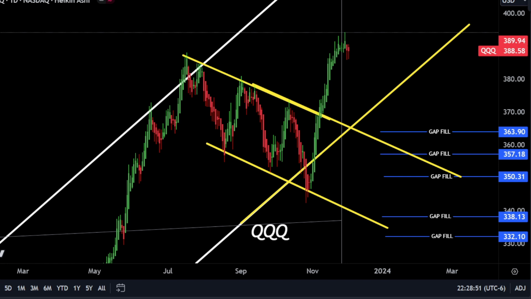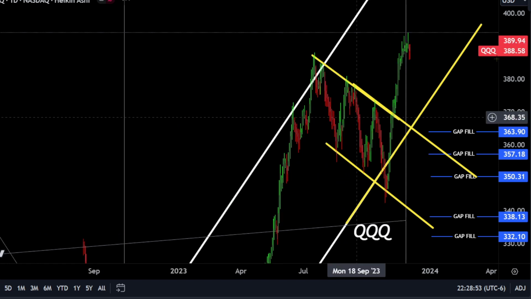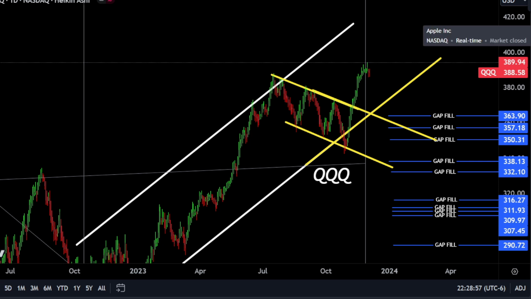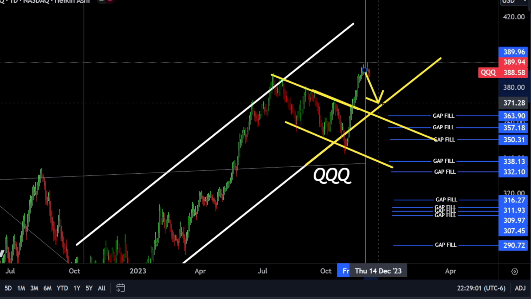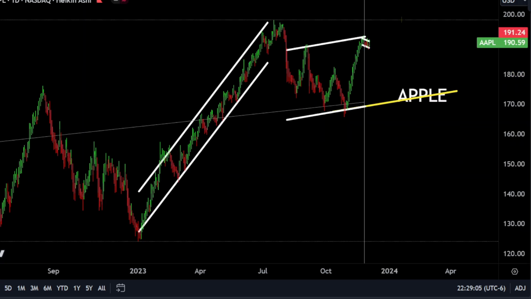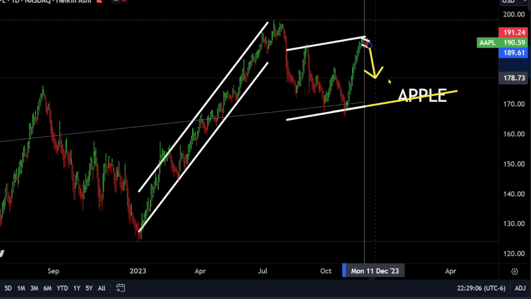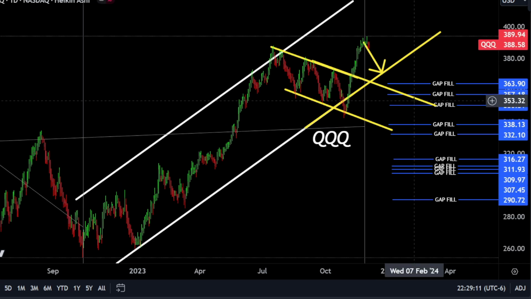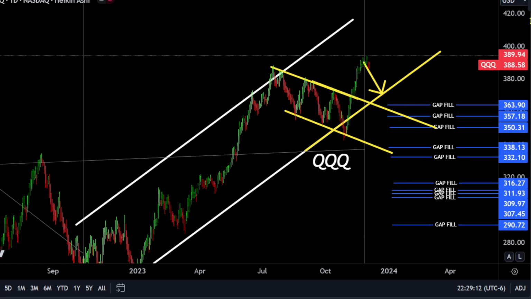Also on the indexes, what you need to pay attention to is, say the indexes drop to their support, but Apple hasn't dropped to its support. Say it dropped halfway, but the triple Qs are already at support. If you have an index on support, you need to take your gains.